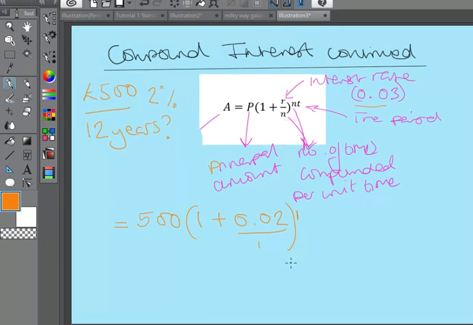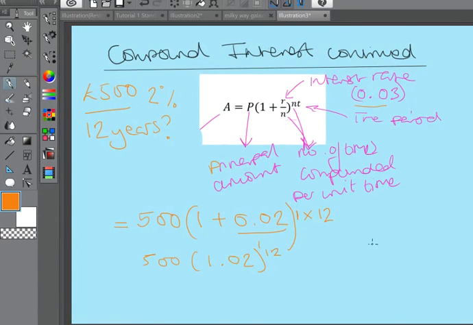Again, 1 goes there. It's compounded once per year, times 12, because that's our time period. So just simplifying that out slightly, we end up with 500 times 1.02 to the power of 12.